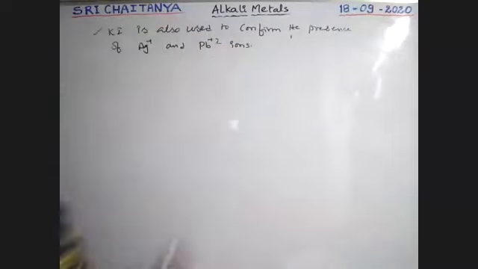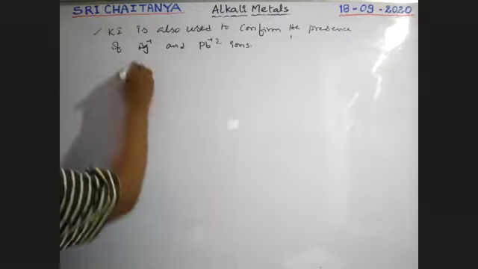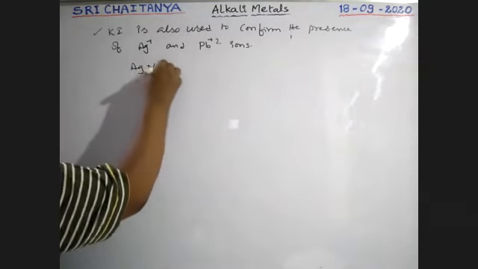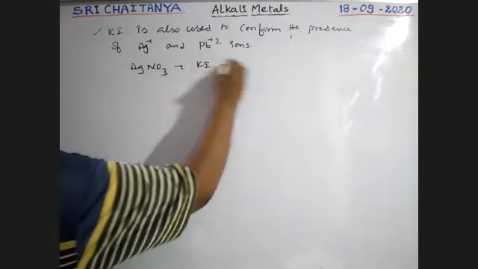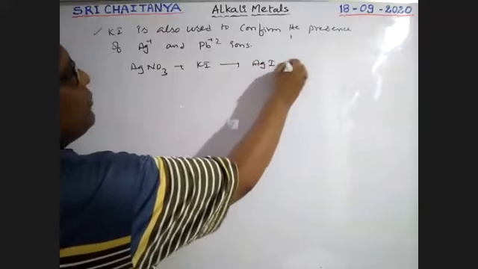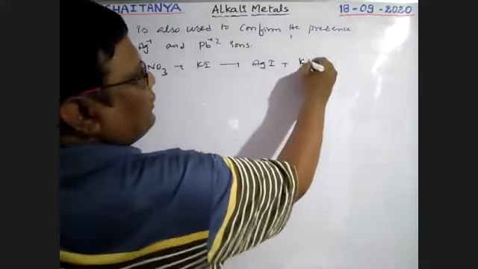Both silver ions and lead ions are confirmed with the help of this potassium iodide. So see here, how is that? Let us take AgNO3, silver nitrate. When it reacts with potassium iodide, that gives AgI plus KNO3 as the products.